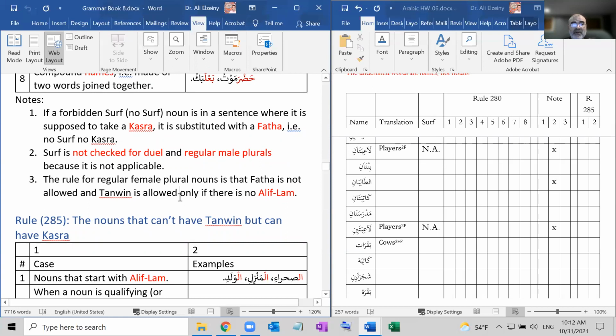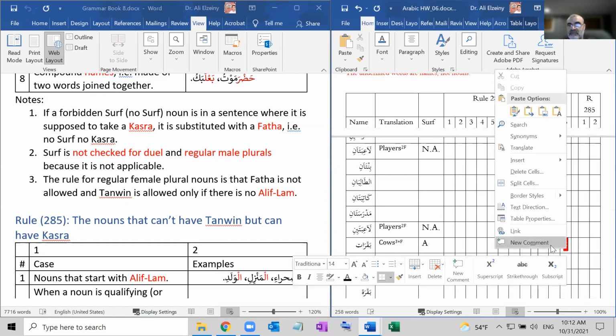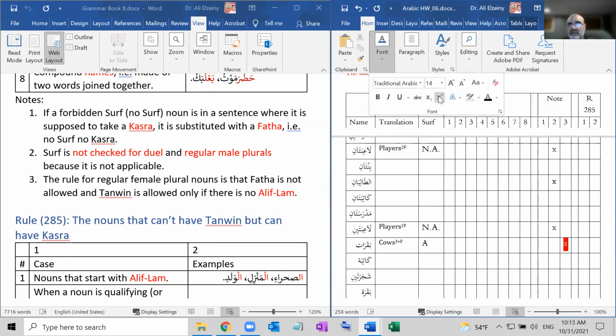So according to this, sarf is allowed. So sarf is allowed according to note number 3. I don't know why the color keeps coming red.